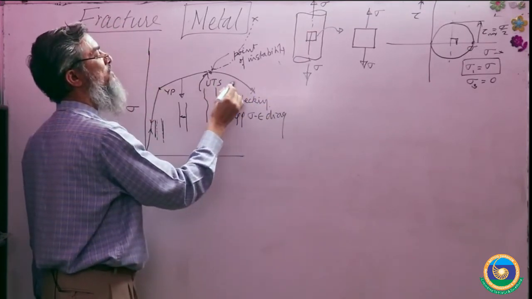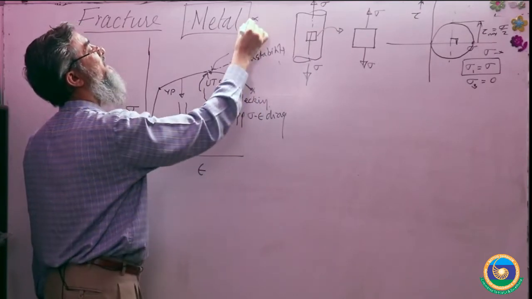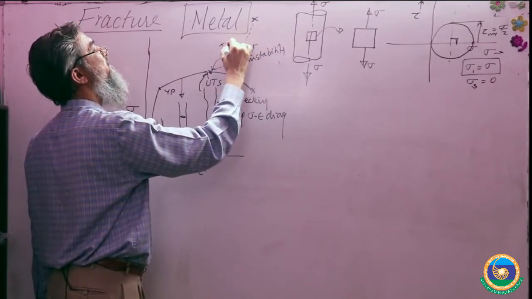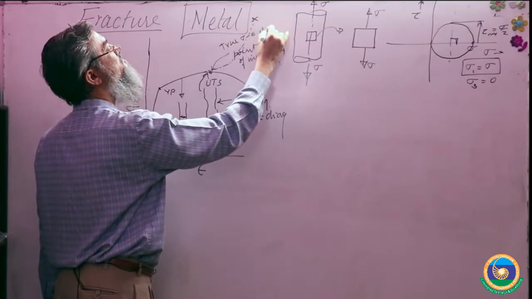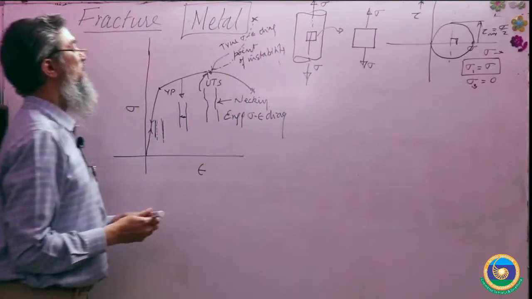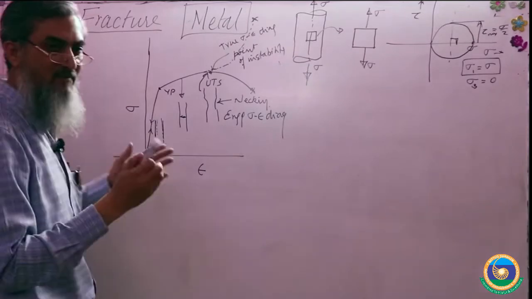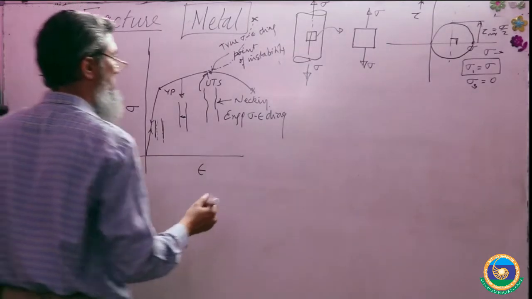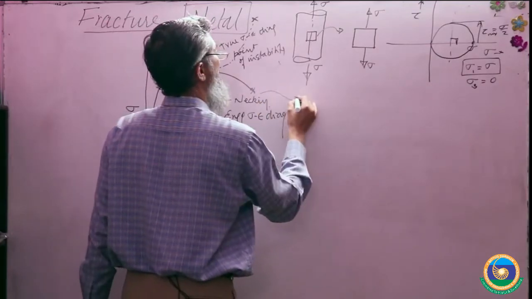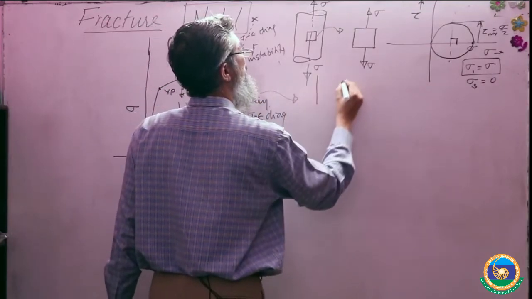And this necking goes on, and at this point it fractures. This is the true stress strain diagram. Now what exactly is happening inside? Let us see, right? The fracture which takes place has the nature of cup and cone.